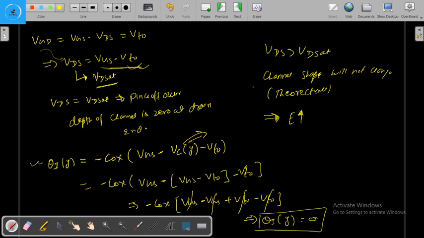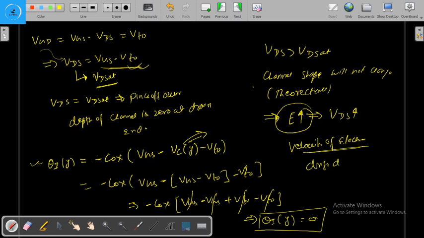Because of the increasing VDS, the velocity of the electrons present in the channel will be equal to the drift velocity limit.